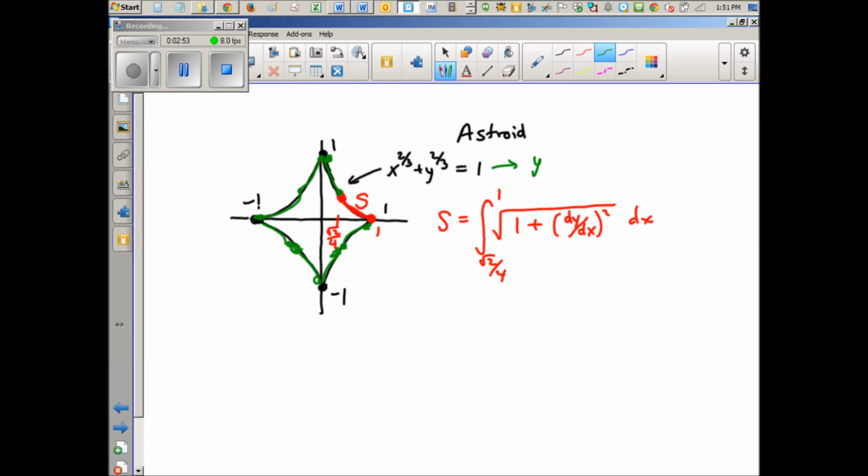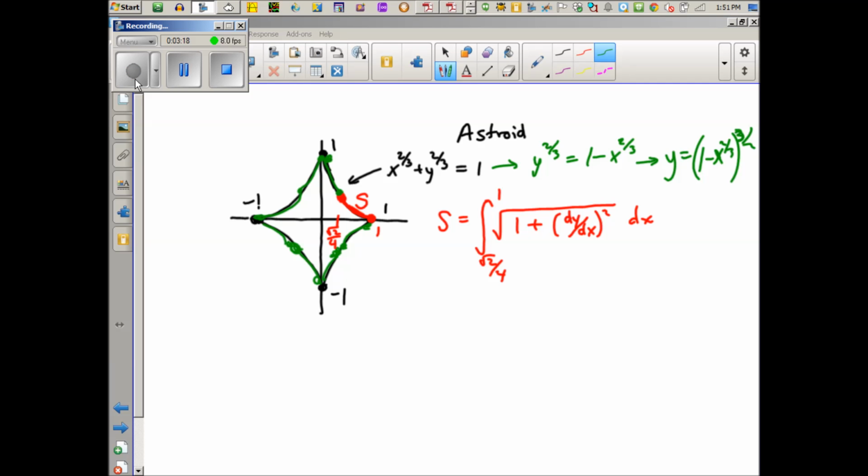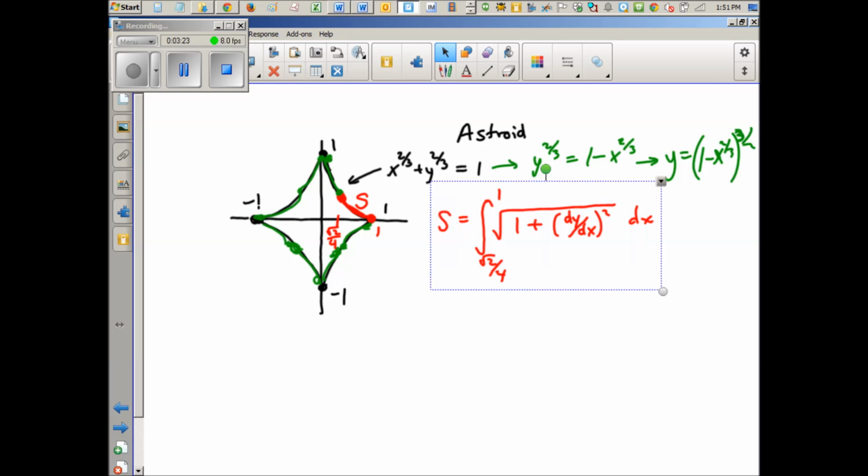We'll subtract the x to the 2/3 from both sides, like that. Oops, I wrote that wrong. 1 minus x to the 2/3. And then we will take the 3/2 power of both sides, so that we have y equals 1 minus x to the 2/3, all to the 3/2 power. Okay, so let's find dy dx.